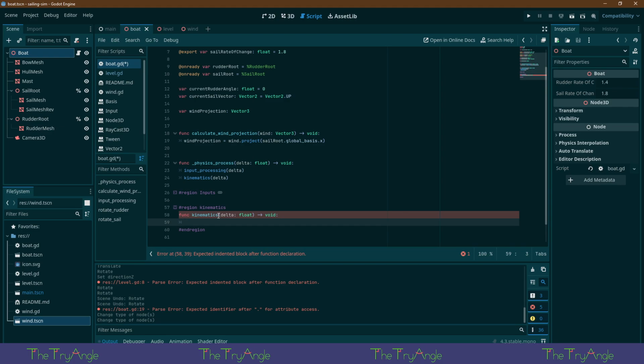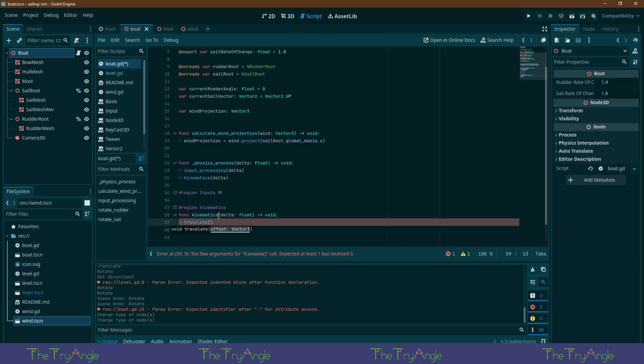Let me go here. I want the boat. Oh, right. No. I want to translate a particular direction forward, but that forward needs to be based on the wind projection, which is global.